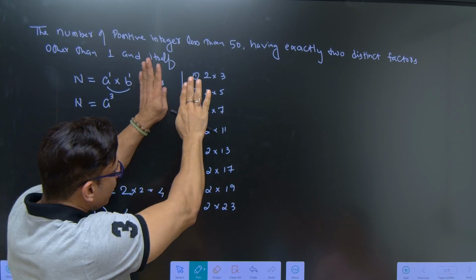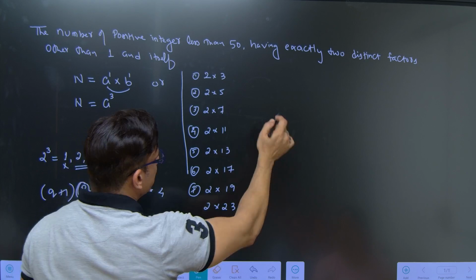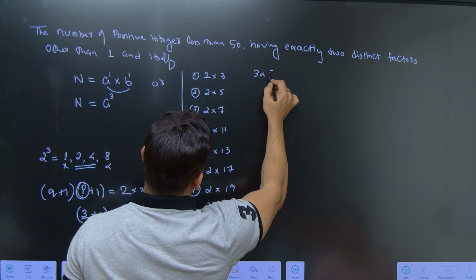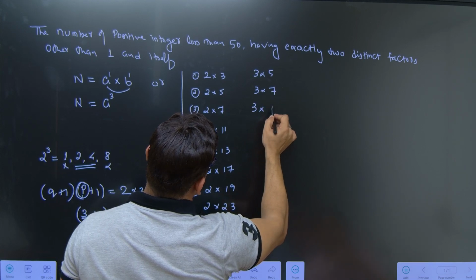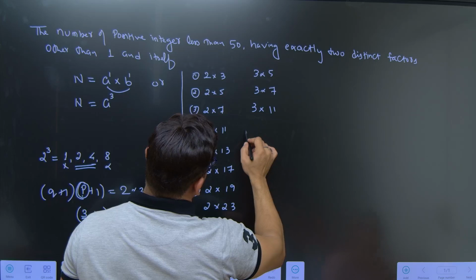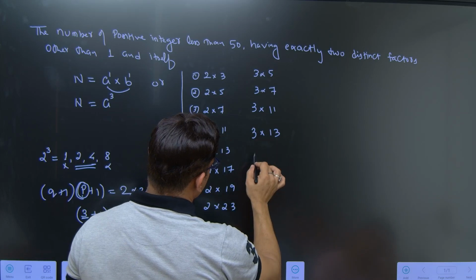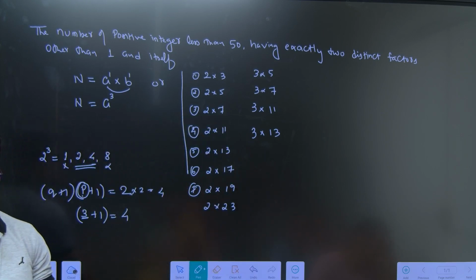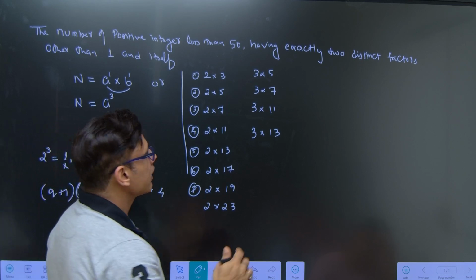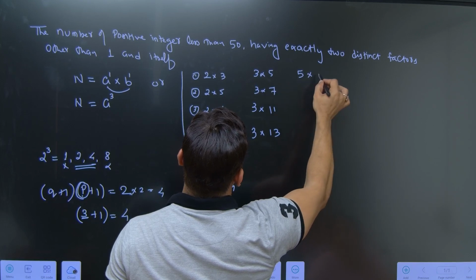So I made all the numbers which 2 can make with the other prime numbers, right? Then 3 is also a prime number, and 3 can make one number with 5, one with 7, one with 11, and 3 and 13 also, 39. Can we take 3 into 17? 17 3s are 51. Then 5 can also multiply with 7.